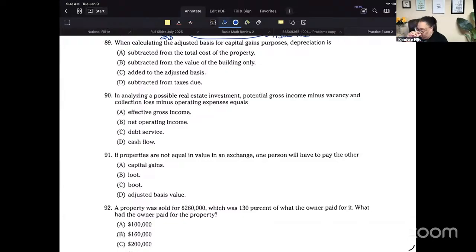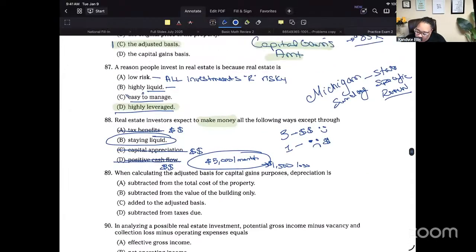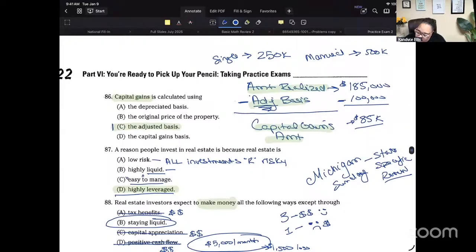So when calculating the adjusted basis for capital gains purposes, this comes back to what we had up here. You've got your amount realized, and you take from that your adjusted basis, and that gives you your capital gains.